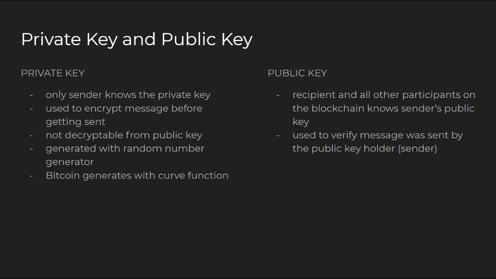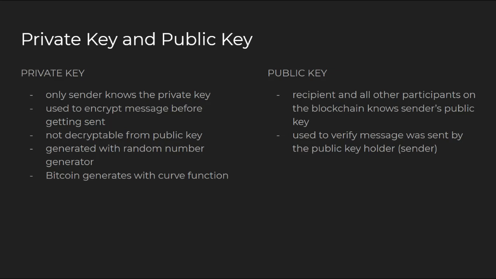or name or account number. And this is made possible by each participant of the ledger having both a public key and a private key. A public key is a decode function that is available to be publicly seen by every single participant in the blockchain.